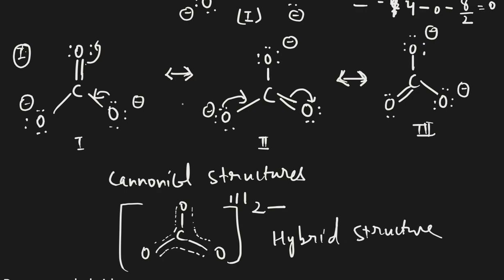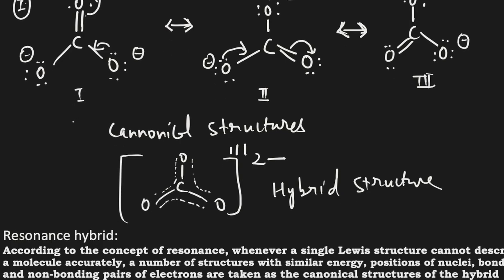These are also called canonical structures or resonance structures, and this actual structure which was experimentally found is called hybrid structure. So from this the concept of resonance comes into picture. When one single Lewis structure is not good enough to represent the structure of a molecule, we can represent it with multiple structures, then that concept is known as resonance hybrid.